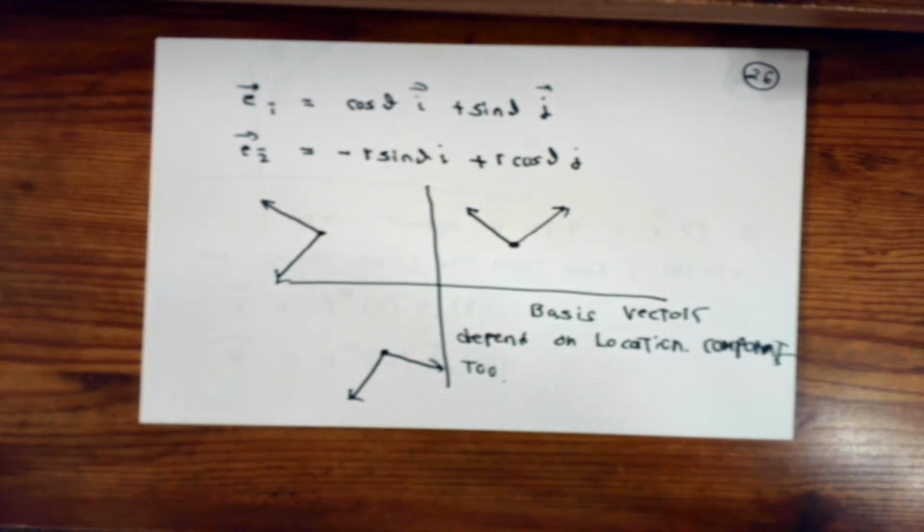But it gets worse. If we're using the usual Cartesian basis, the i and the j are the same vectors no matter where you're sitting in the plane.